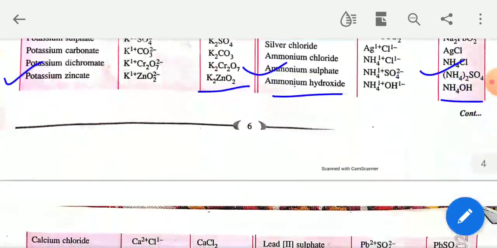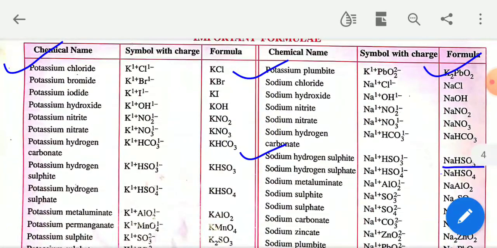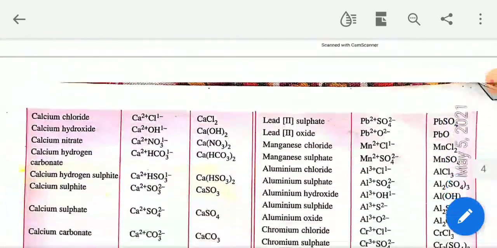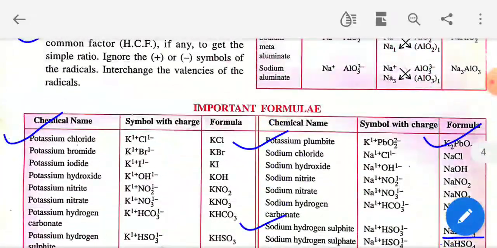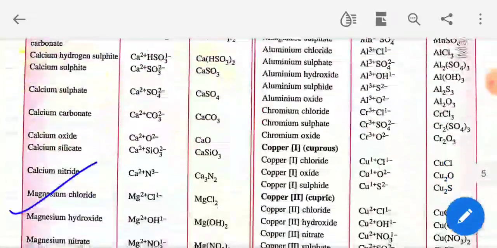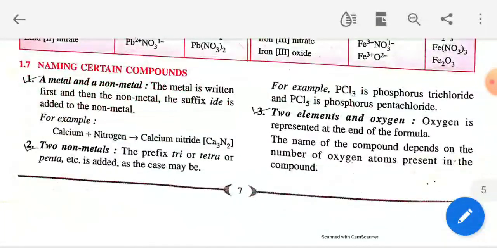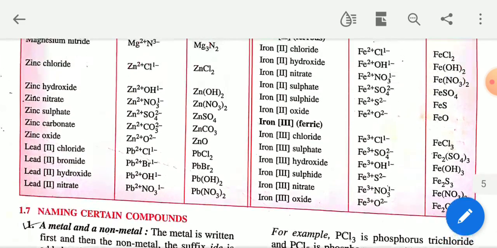And all these formulas of all these compounds you have to practice well. Okay, so both tables are very important. In the next class I'll discuss naming certain compounds. Okay, thank you students.